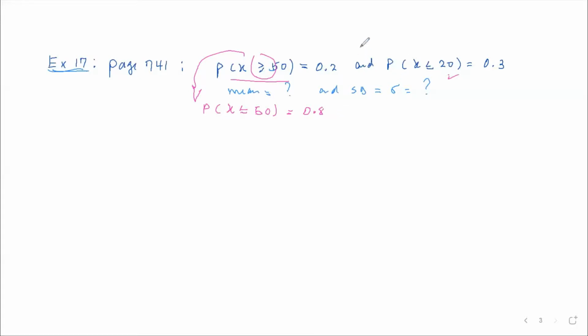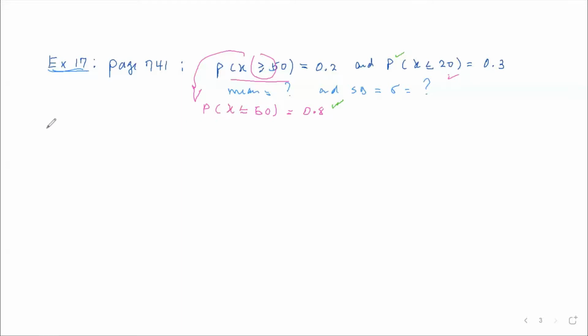Okay, now we work from this one and this one to get the values of mean and standard deviation. We can work from this side first, or this side, it doesn't matter. So from this one, we work from P(x less than 50) equal to 80% or 0.8. Convert x to z, the Z score, the same way.